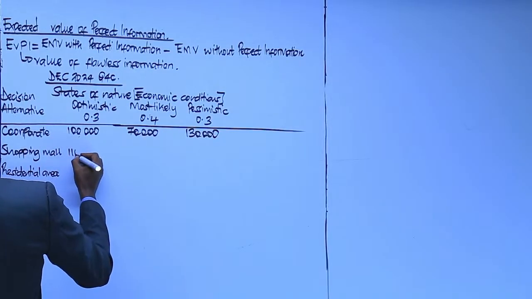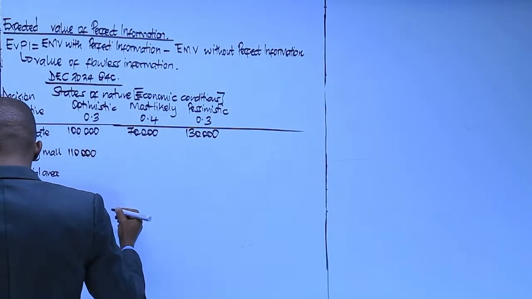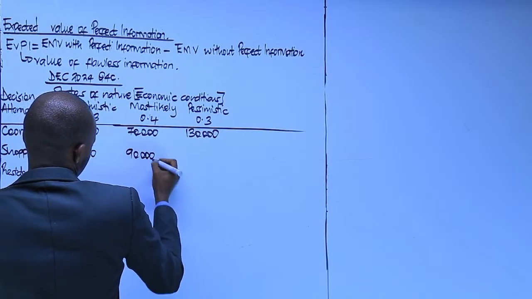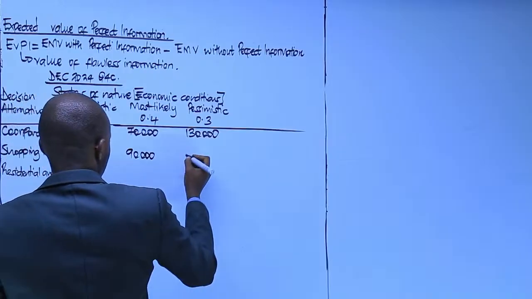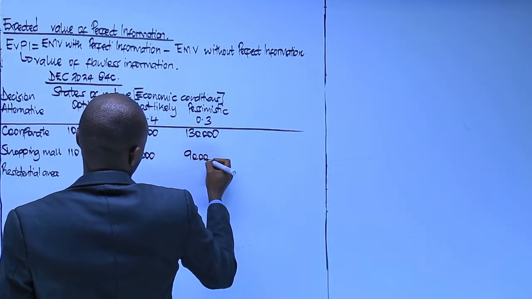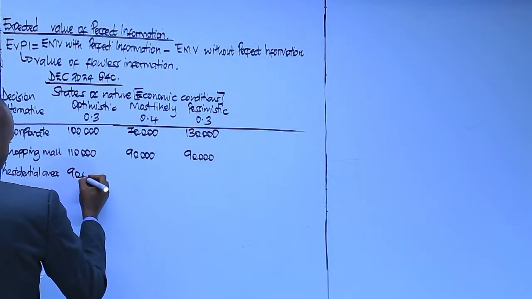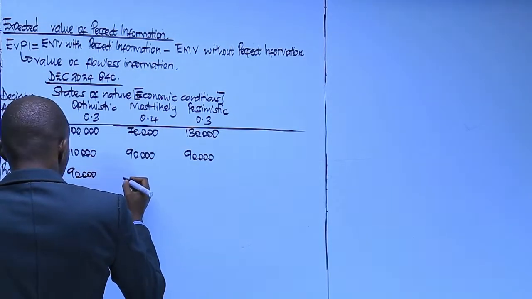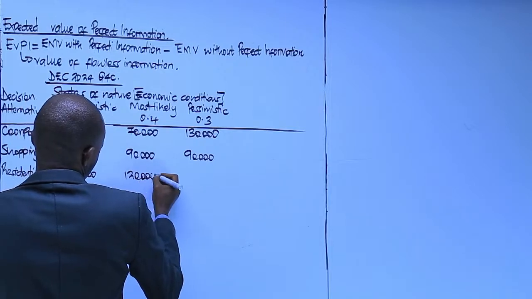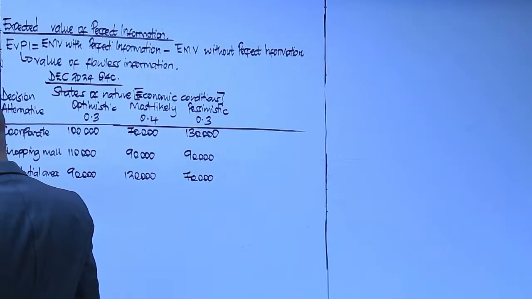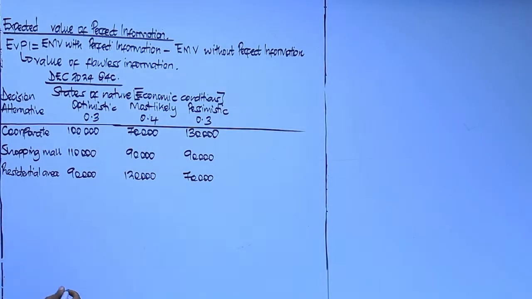Shopping mall: 110,000, 90,000, 90,000. Residential: 90,000 is your payoff, 120,000 and 70,000.